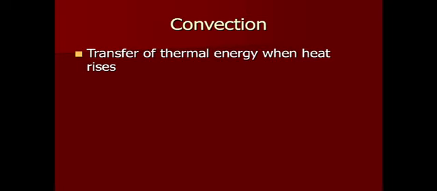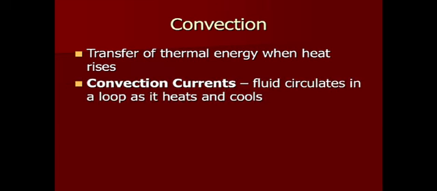Okay? So as it rises up and up and up, it's going to expand more and cool down, and then it becomes more dense and sinks to the bottom, and you get this circular pattern going on. You have what are called convection currents. So this loop of it heating up on the bottom, cooling off at the top, and going back down.